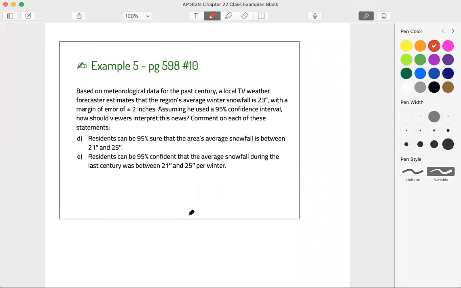D, residents can be 95% sure that the area's average snowfall is between 21 inches and 25 inches. That is true. And then E, residents can be 95% confident that the average snowfall during the last century was between 21 inches and 25 inches per year. Well, we don't know. We want the true average of all average snowfall. So this is false.